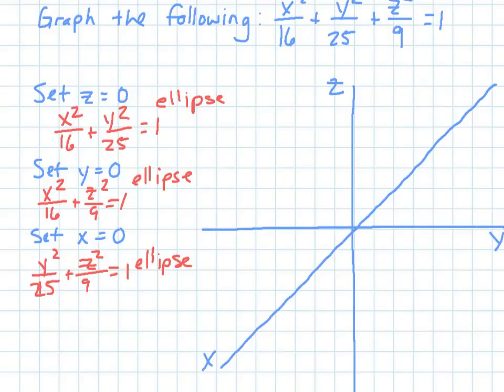So let's take the first one. In the xy plane, you have an ellipse where your A looks like 5, and your B is 4.